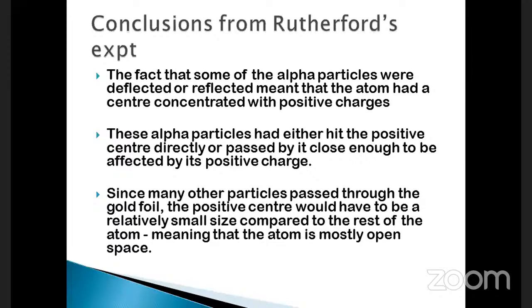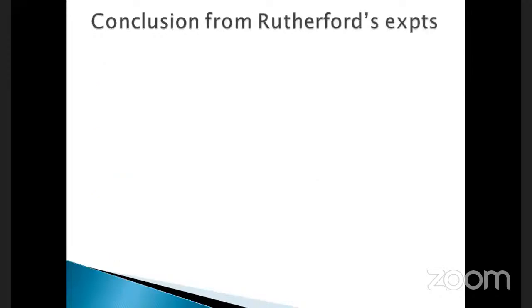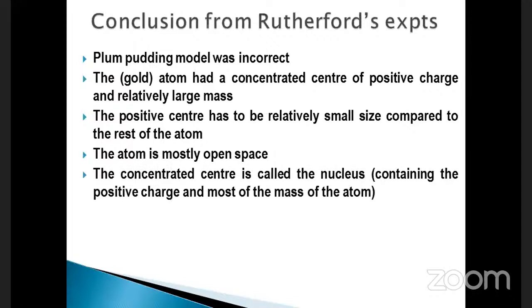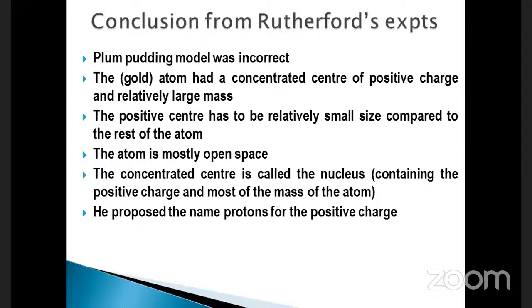So that gave rise to the fact that the positive center will have to be relatively small in size compared to the rest of the atom, meaning that the atom is mostly open space. So this one is just a brief highlight of the conclusion, the same thing I said.